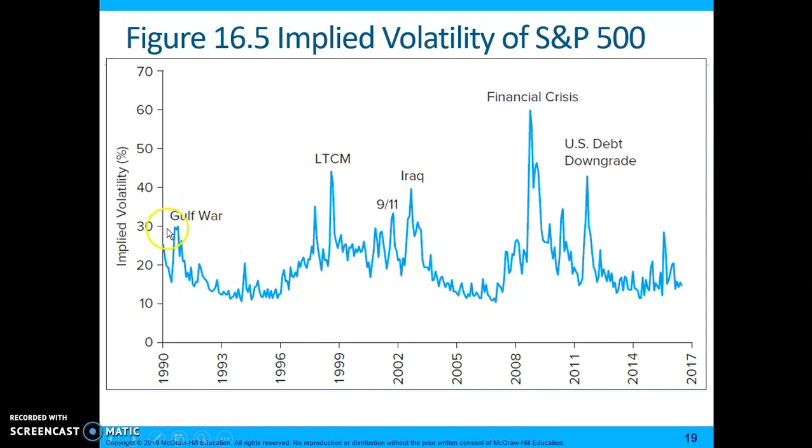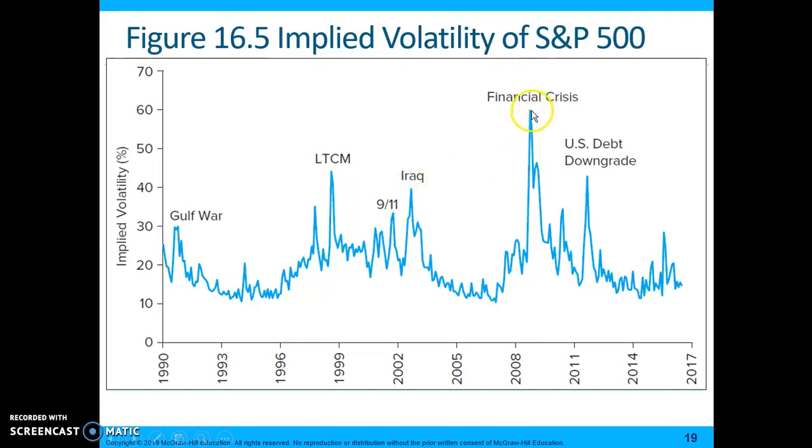In the Gulf War, implied volatility went up to 30%. Long-Term Capital Management was a hedge fund that failed; implied volatility went up to 45%. Long-Term Capital Management was a very highly thought-of hedge fund, and it failed as a result of some bets on interest rates that went against it. And then 9/11 and the Iraq War were around 40%.